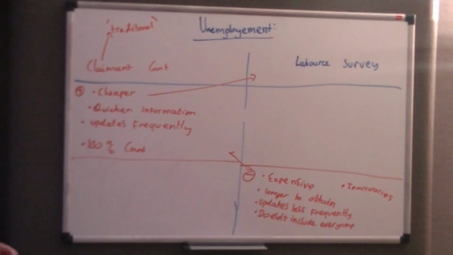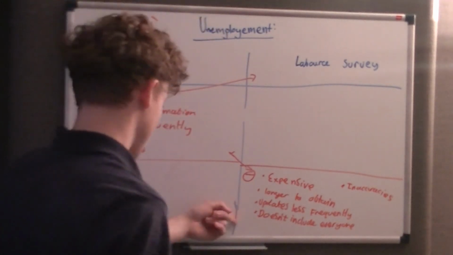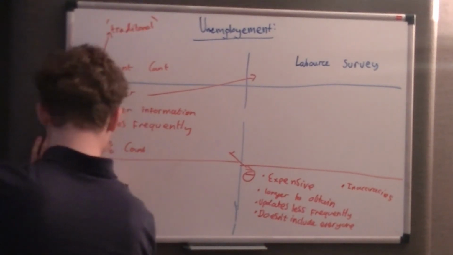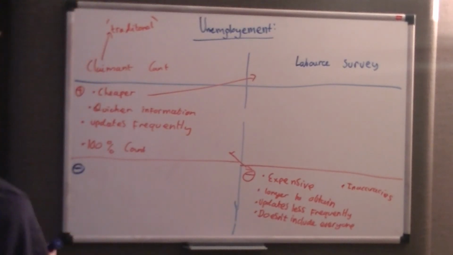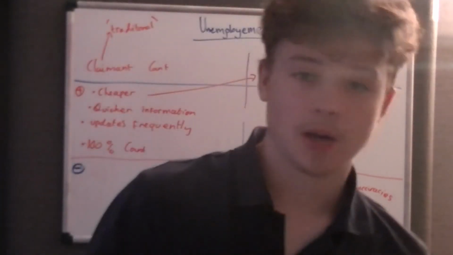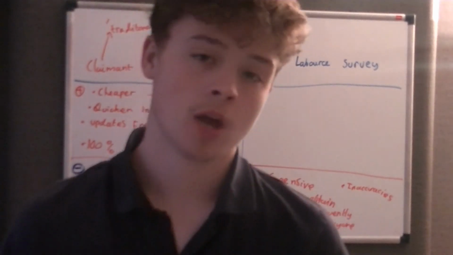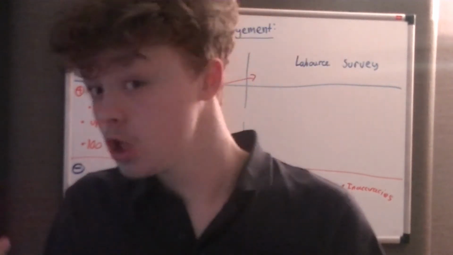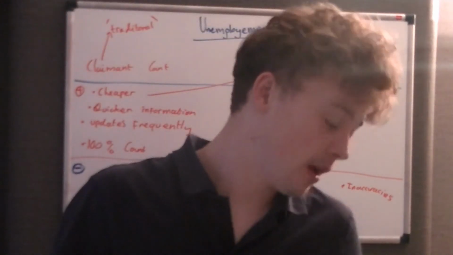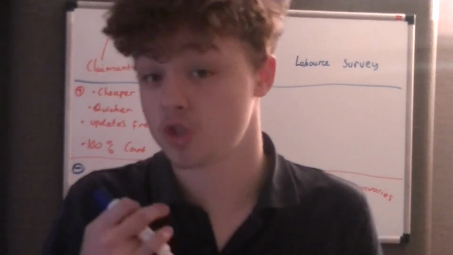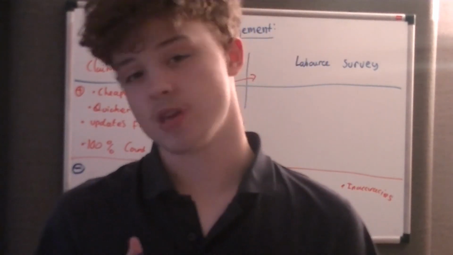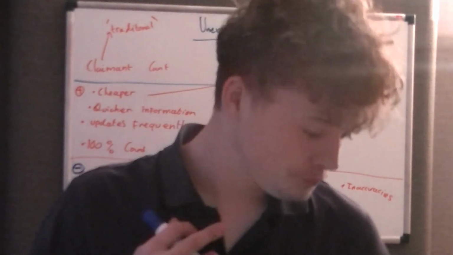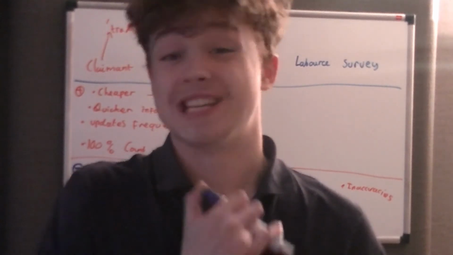So we've talked about the advantages, and you can switch them over to disadvantages. What are the disadvantages of the claimant count? Well, the claimant count is the criteria that people need to meet to claim the benefits. So if a government wanted to reduce the amount of benefits it put out, it would change the criteria to meet the claimant count. It is individual to each country.